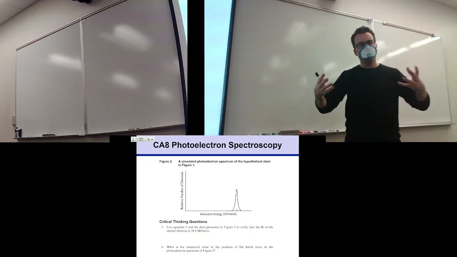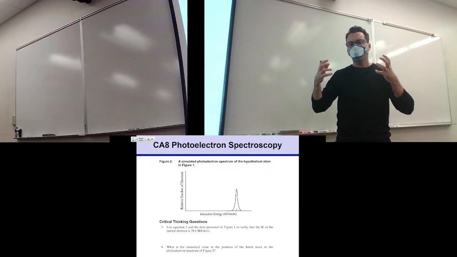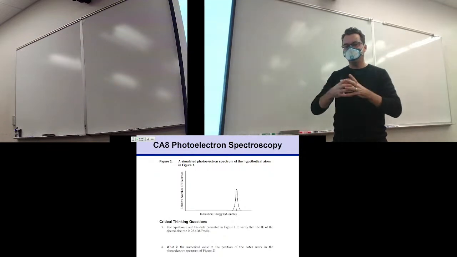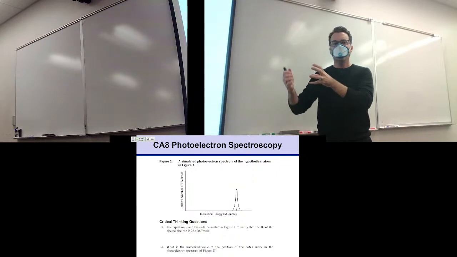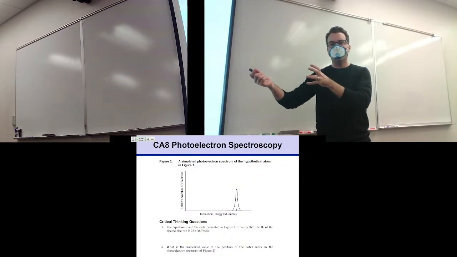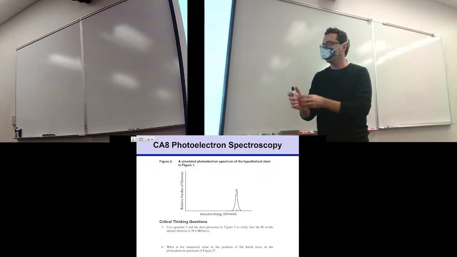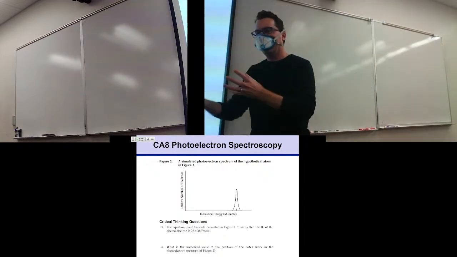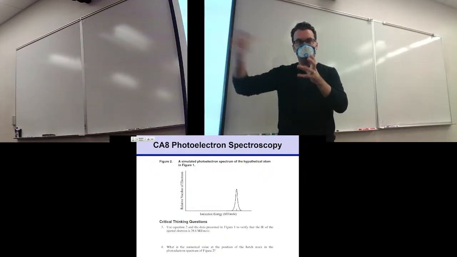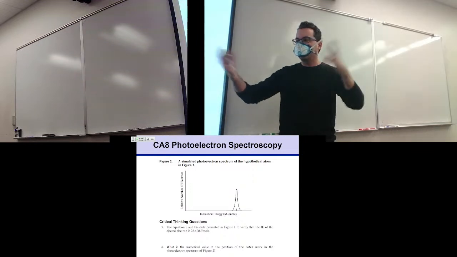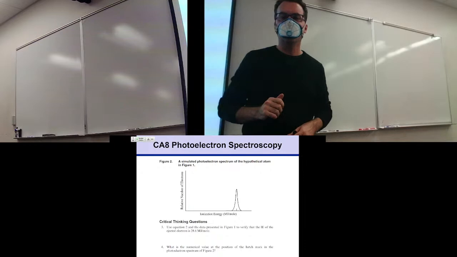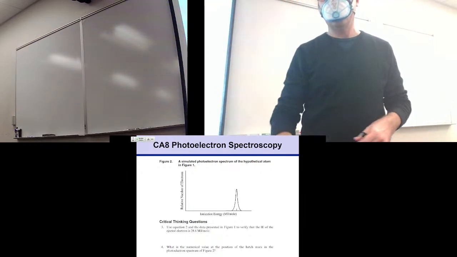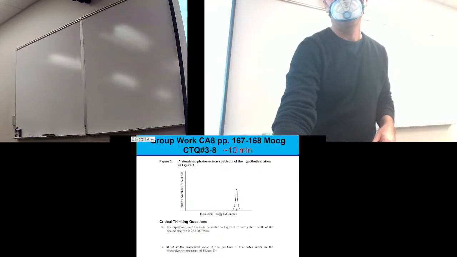The experiment analyzes a stream of atoms. Each atom is getting hit by one photon, and an electron is coming out, but it could be from anywhere inside the atom. So you're not taking a single atom, removing all the electrons and counting them. There's no way to tell how many electrons came out. All you're seeing is a signal at that ionization energy.